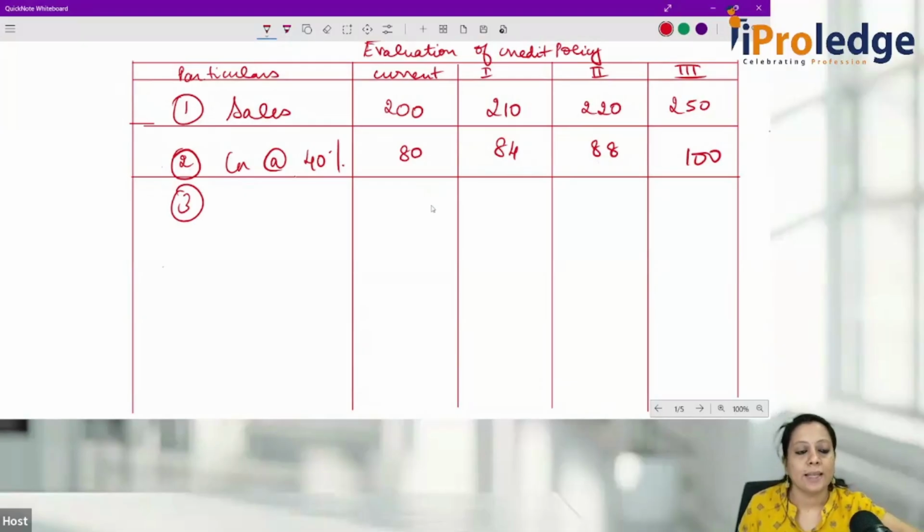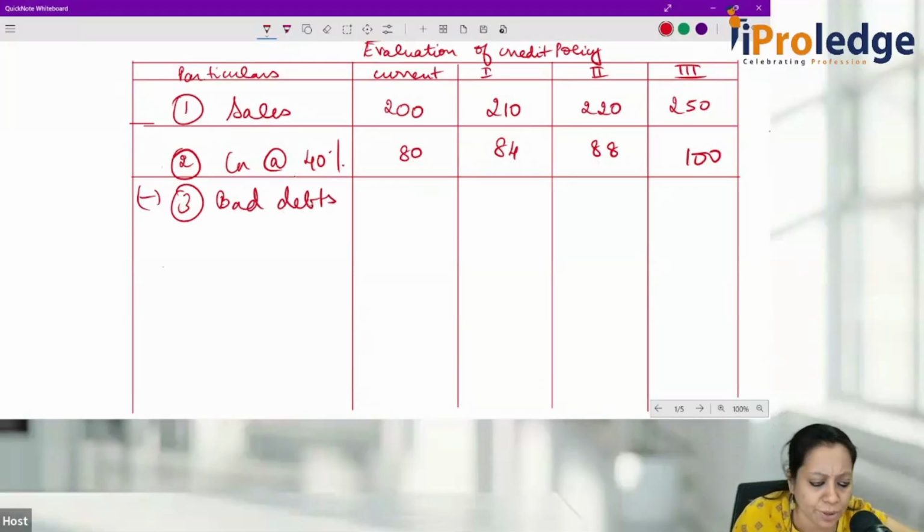So we have sales minus variable cost, we used to do. Contribution is directly given, we have taken that. Fixed cost, no information is given. So directly we will go to the next one, that is bad debt. You can do it in any order. So first you can do cost of administration, then bad debts, opportunity cost. That is okay. So bad debts, they have given in the question, it is to be a percentage of sales, right?